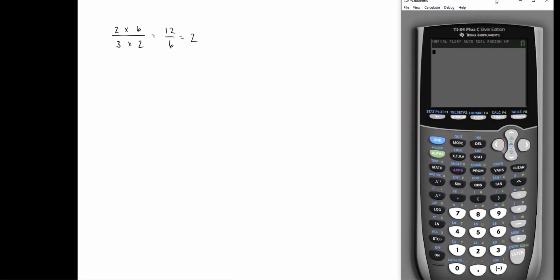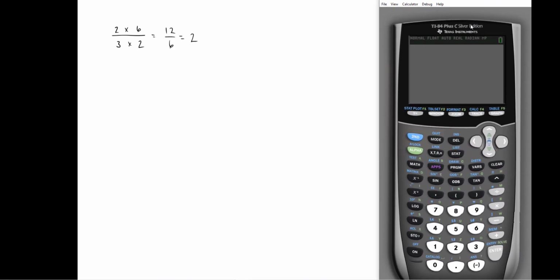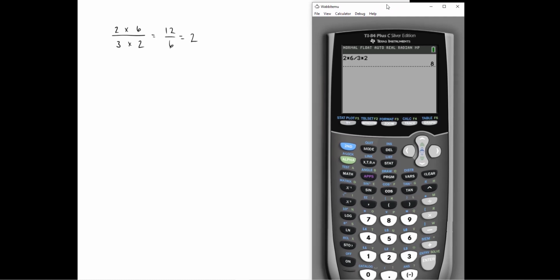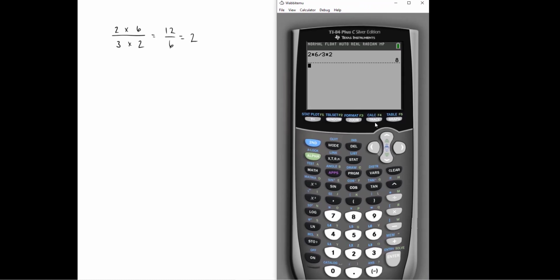But I find that when students go ahead and enter this in the calculator, many make mistakes on this. For example, you might say 2 times 6 divided by 3 times 2, and you're getting 8 as an answer. Well, I think that's clearly wrong, right? We all know that 2 times 6 is 12, 3 times 2 is 6, 12 divided by 6 is, in fact, 2. And yet the calculator is giving me 8.